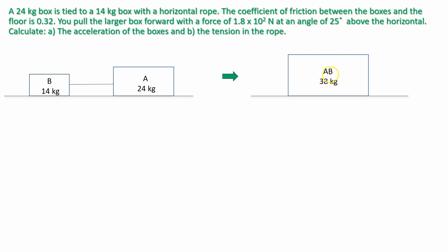So using this large box, I'm now going to draw the forces that are acting on the system. So there's an applied force of 180 newtons. So I'm going to draw it here. So it's 180 newtons. And there is also a force of friction acting on both boxes. So it's opposing the applied force. So force of friction.